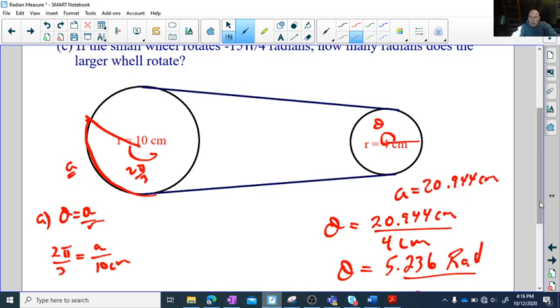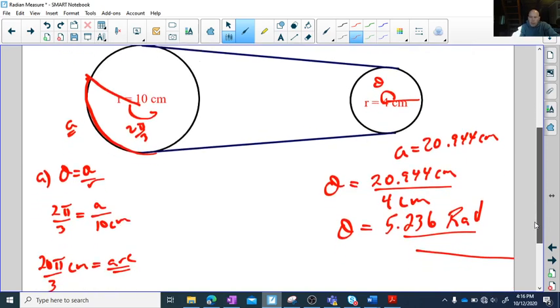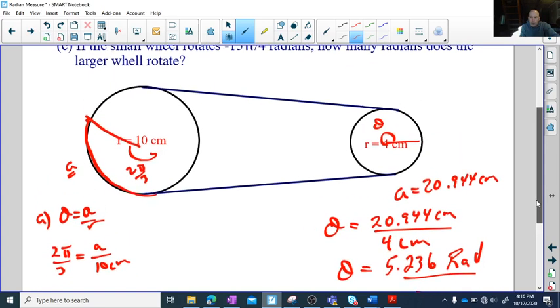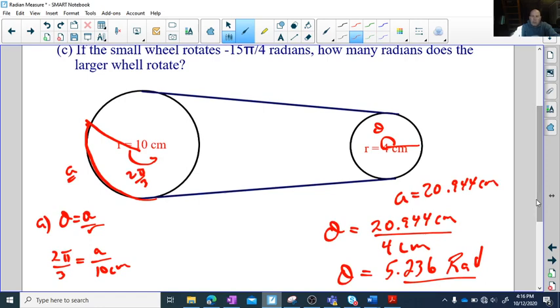Any of you that are mechanically inclined may have heard tell of gear ratios or pulley ratios. That's another way to do a question like this, where you just simply look at the pulleys. Think about this system. As the belt rolled around and this wheel turned, this smaller wheel is going to have to turn faster to keep up with the bigger wheel as the belt spins around it.